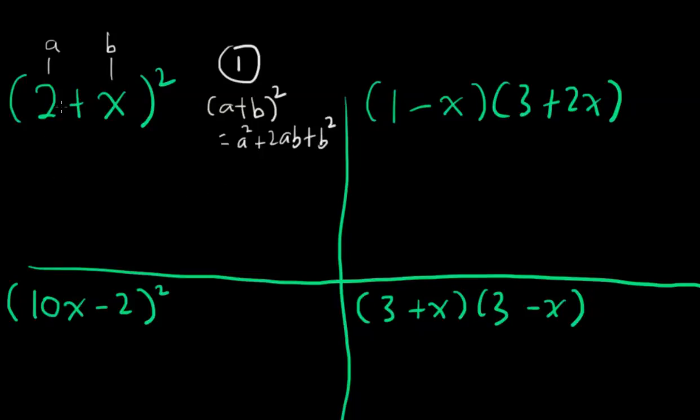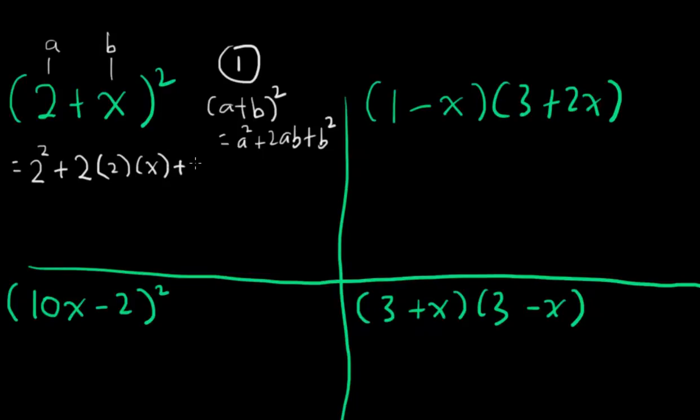So our a value here is 2. So when we expand, the formula says a squared, right? So it becomes 2 squared plus 2ab. A is 2 and b is x. So 2 multiplied by a, which is 2, and by b, which is x, plus b squared.